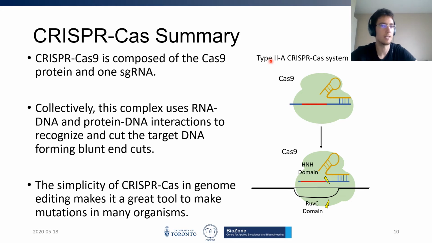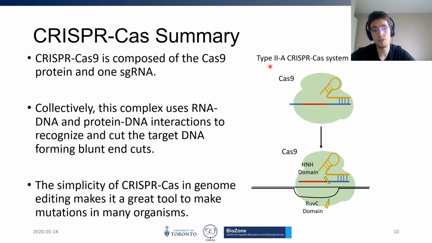You guys can go ahead and search online different types of CRISPR-Cas systems. It'll show you other types. And what we learned is that CRISPR-Cas9 is composed of Cas9 protein and the guide RNA in essentially the end form. The complex uses RNA-DNA and protein-DNA interactions in order to cut DNA, forming blunt end cuts. That's just a double-stranded DNA cut.